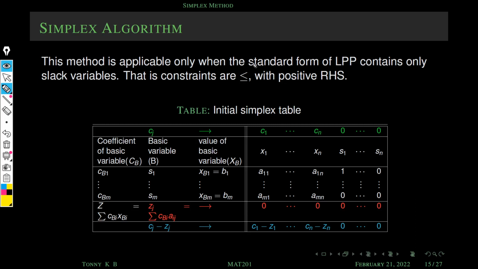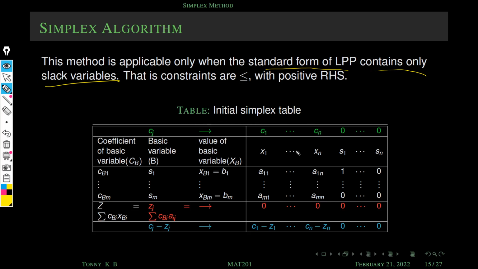That means the standard form of LPP contains only slack variables. Then only you can apply the simplex algorithm. Clear? The standard form contains only the slack variables. Then only you can apply the simplex algorithm. Clear?